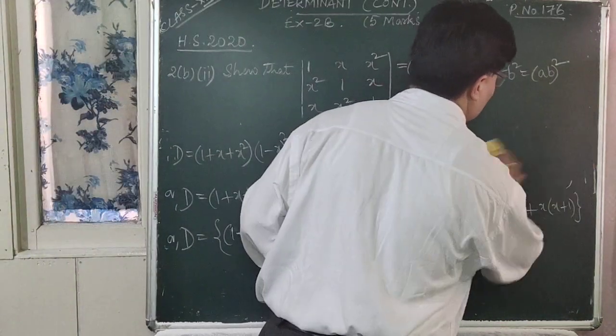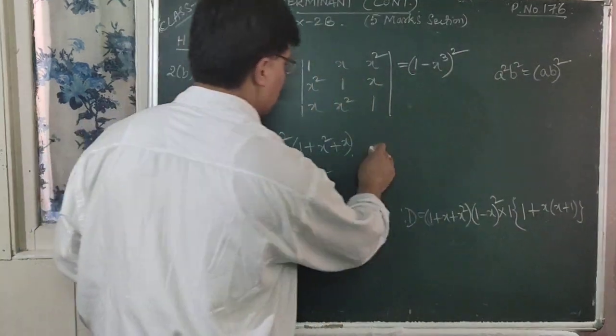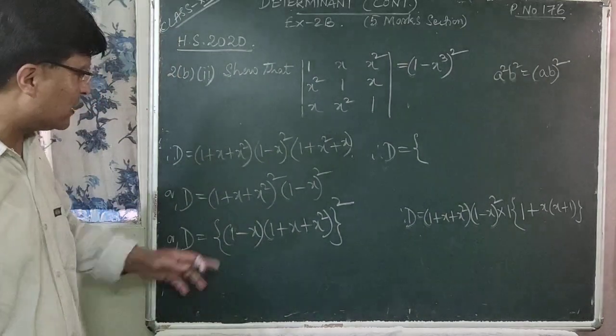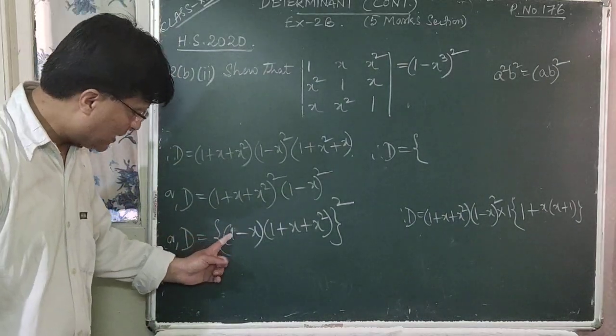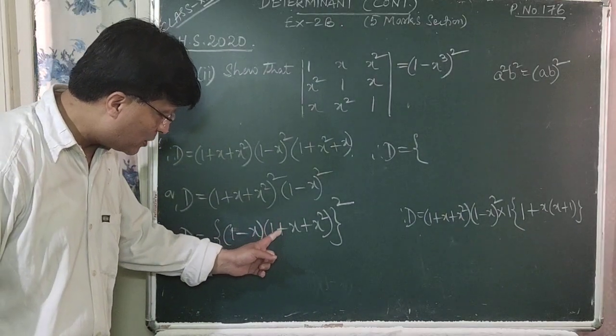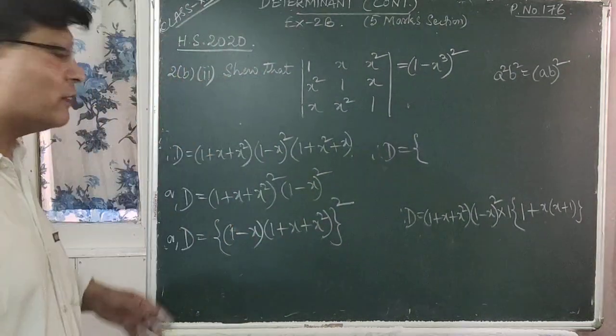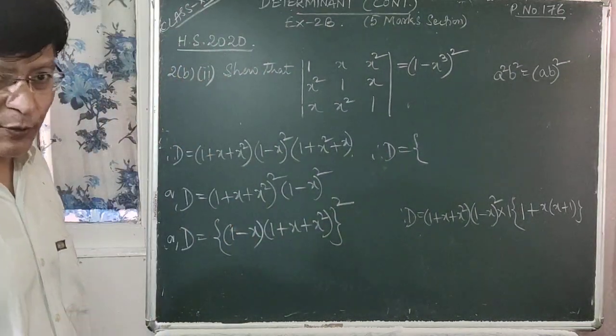So next, therefore D is equal to within second bracket. What is the formula that you can use here? This is a minus b into a square plus ab plus b square. What is the formula? That is your a cube minus b cube. You know that formula, isn't it?